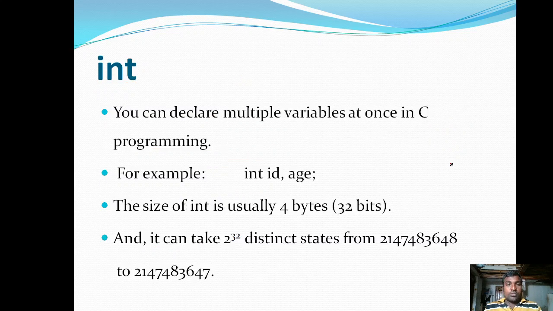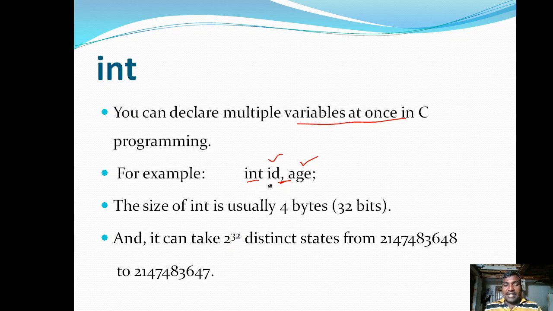You can also declare multiple variables at once in C programming with the help of the comma operator. Here we are using the comma operator to declare two variables, id and age, both of integer data type.